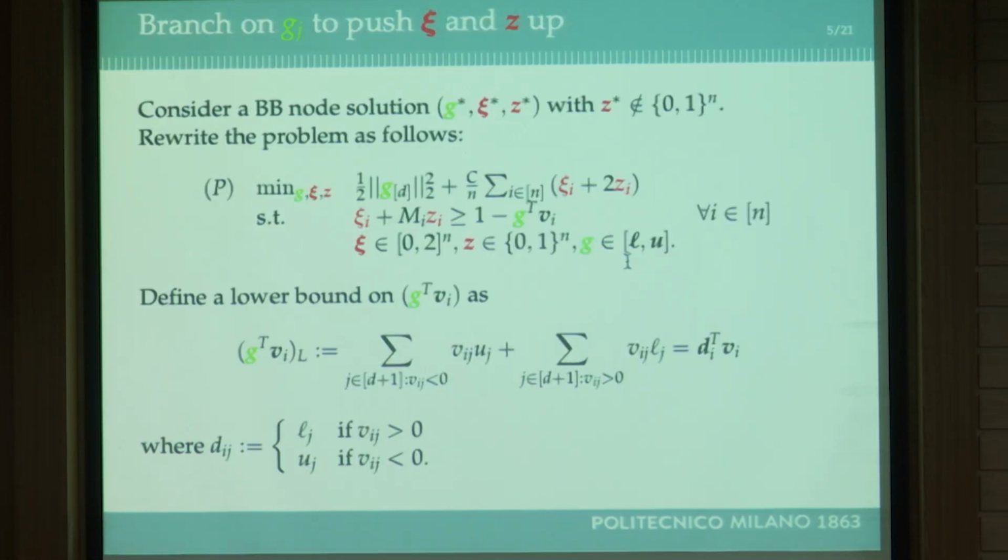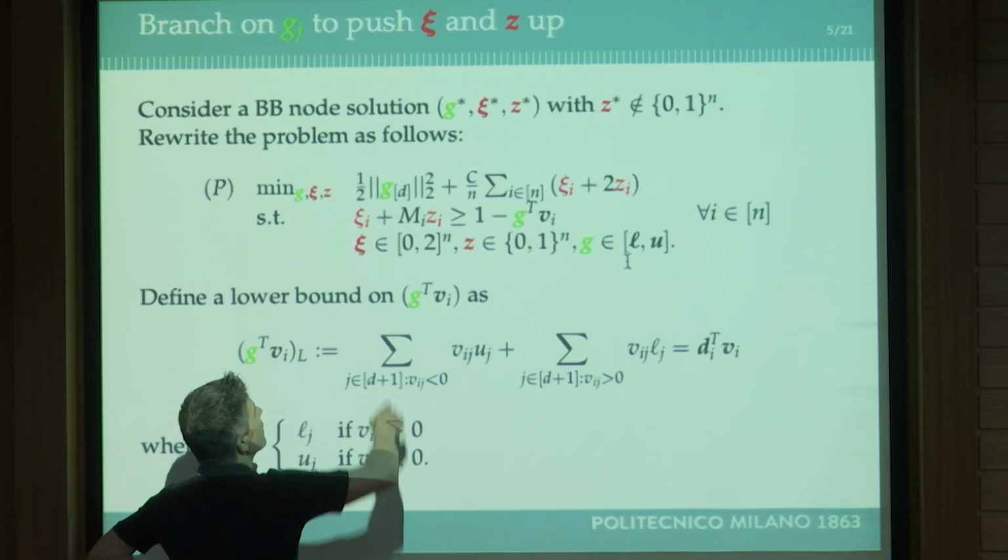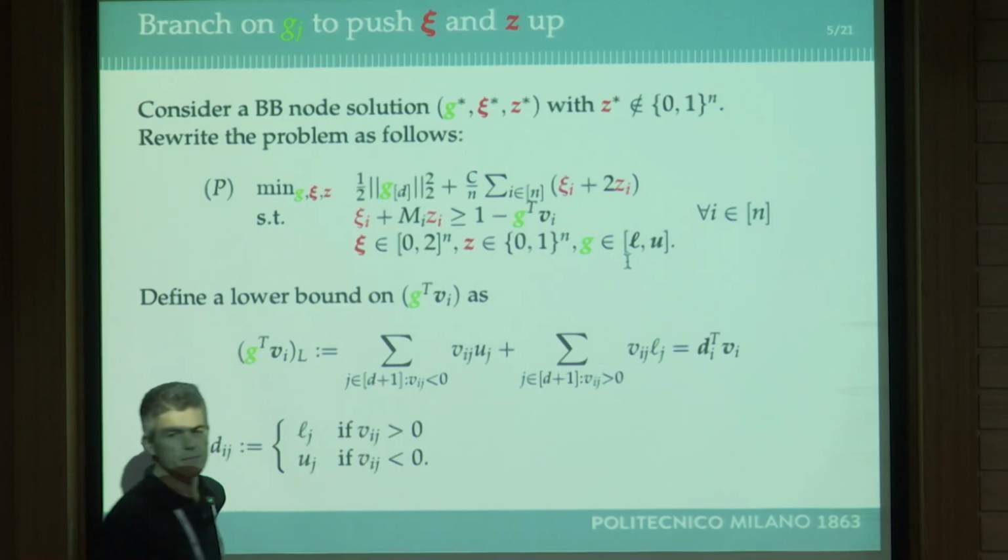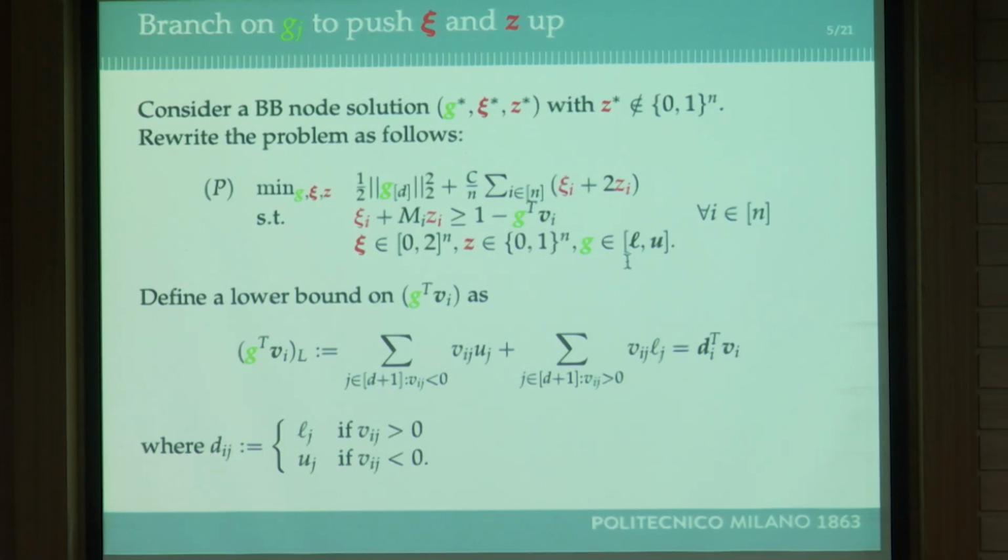So in principle, I could try to look at it from a slightly more MIP-ish point of view by rewriting the main big M constraint as a constraint on the Xi and the Z variable. In other words, I want that mixed integer left-hand side to be greater than or equal to, well, a violation.